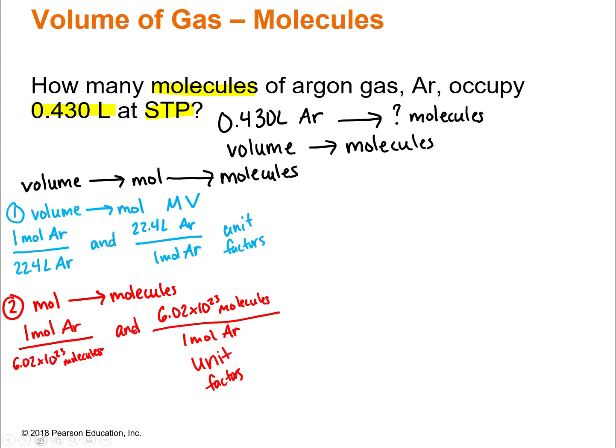So we've got our unit factors for each part of the equation. Now we just need to choose the right one as we're putting it together.